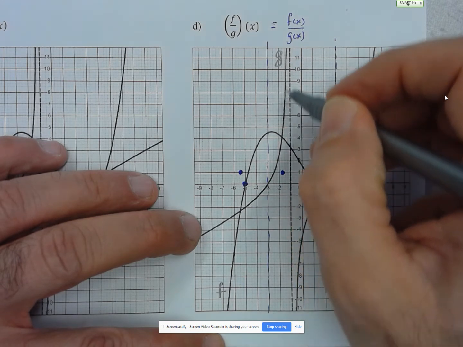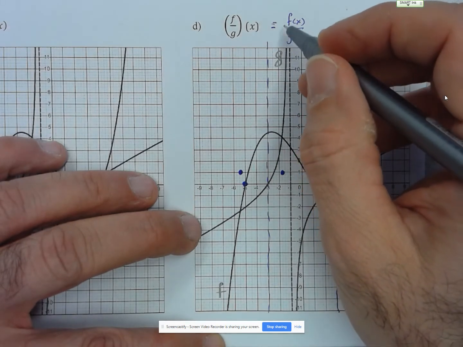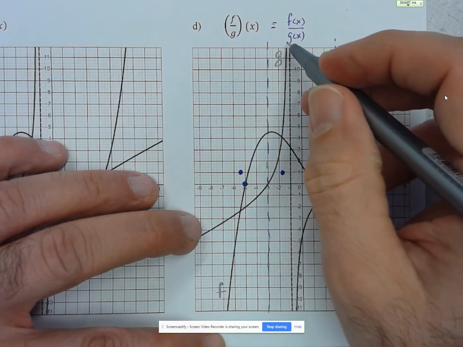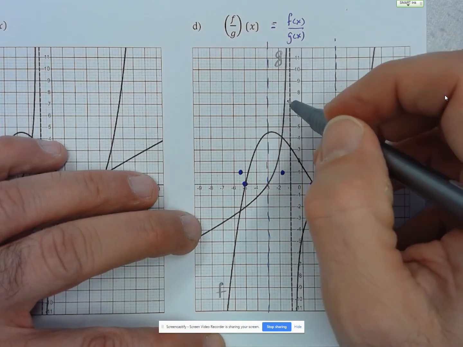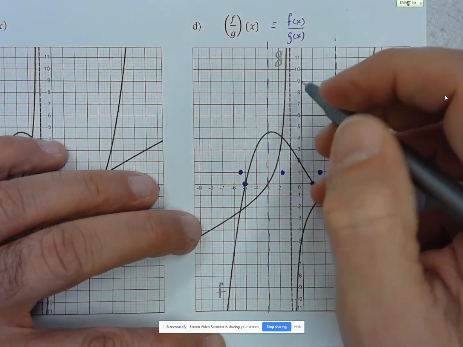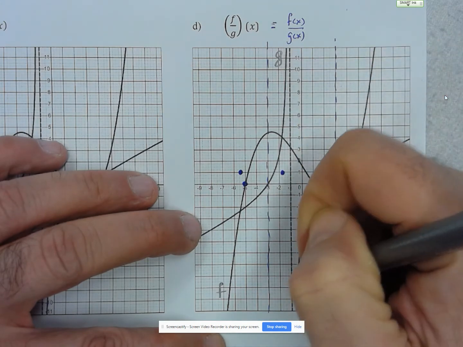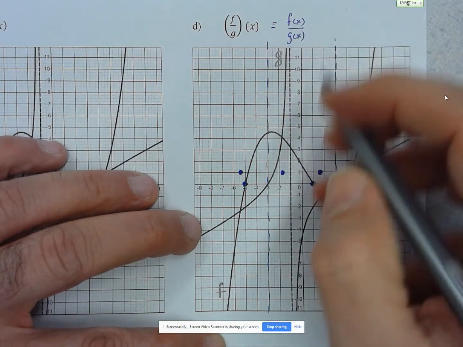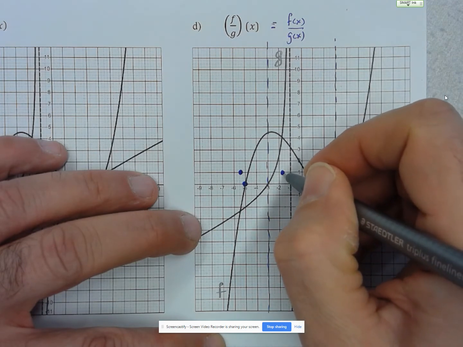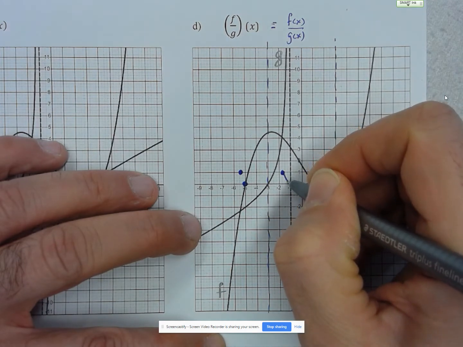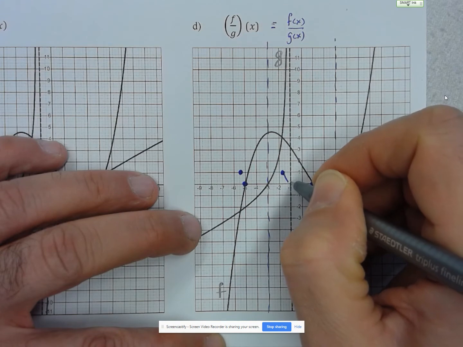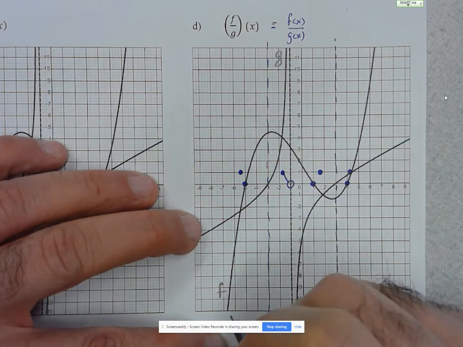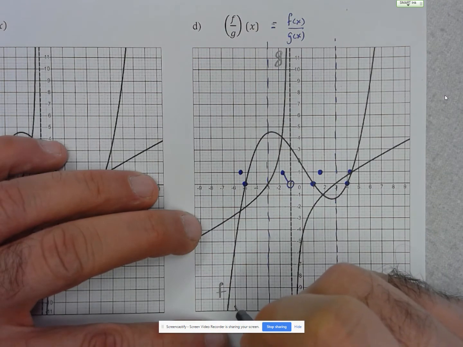And they're being divided by numbers that are getting very, very large. So what happens when I take some number like 3.5 and divide it by something very large, it's going to be close to 0. So I see that this is not going to be the location of an asymptote for the function f over g, but it's going to be approaching 0. Now, it can't approach 0 and get there because we know that this function is not defined at -1. So that means there has to be a hole there, all right?